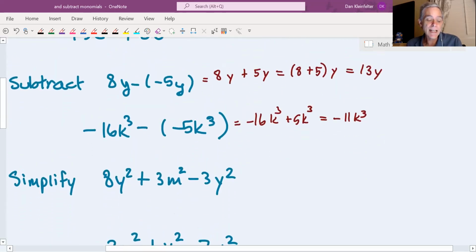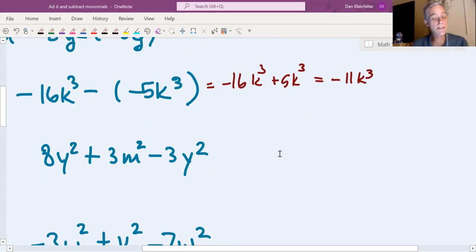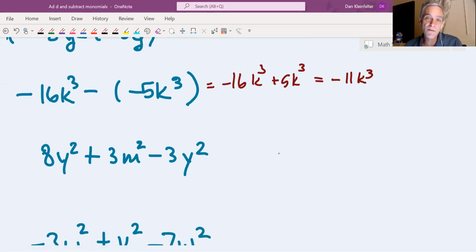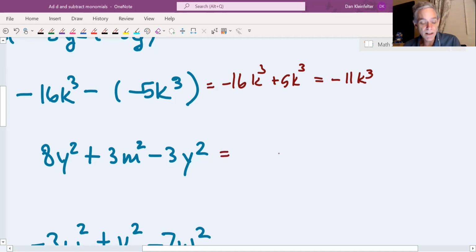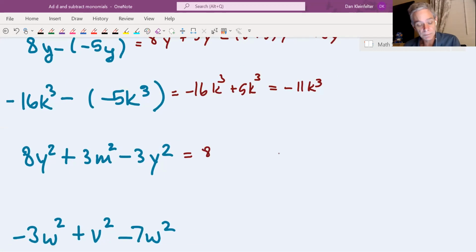Okay. In the next one, we have 3 terms. But you'll notice that 2 have y squareds. 1 just involves m's, though, and not y's. Remember that when we're combining, we can only combine like terms. So what I'm going to do first is rearrange the terms so that the 2 y terms are nearer to each other. So we'll have 8y squared minus 3y squared plus 3m squared.